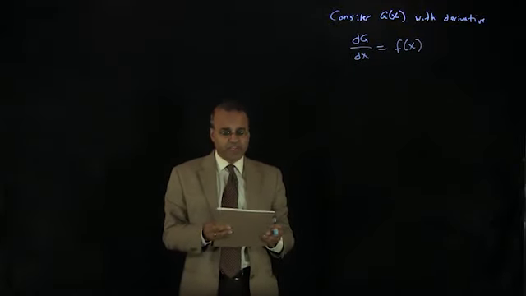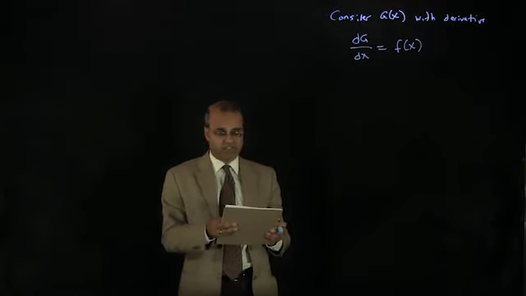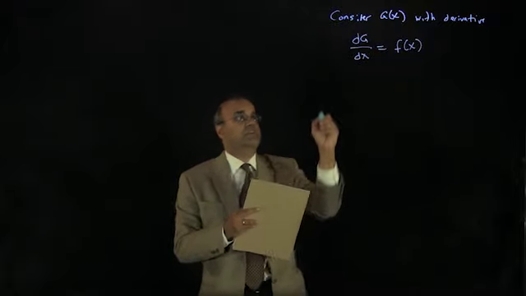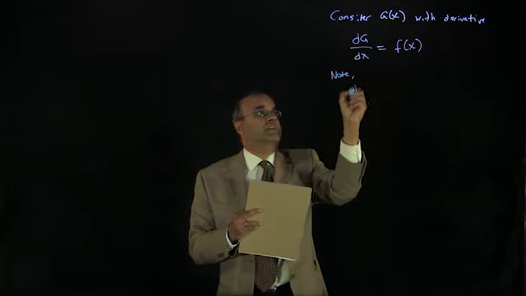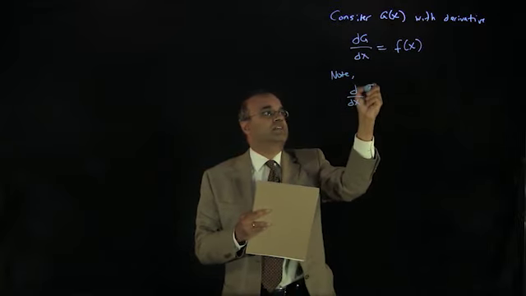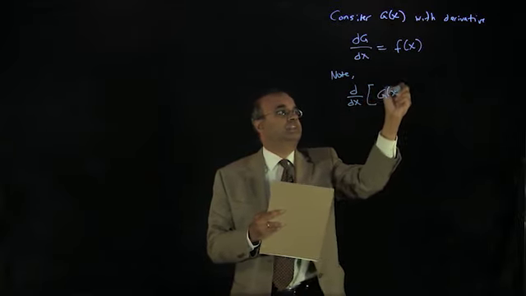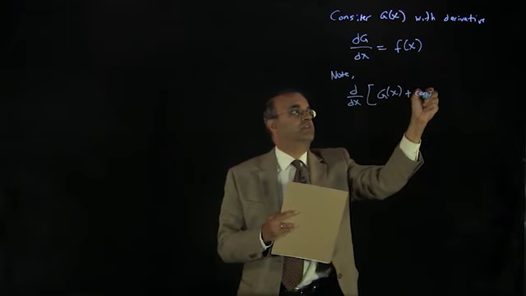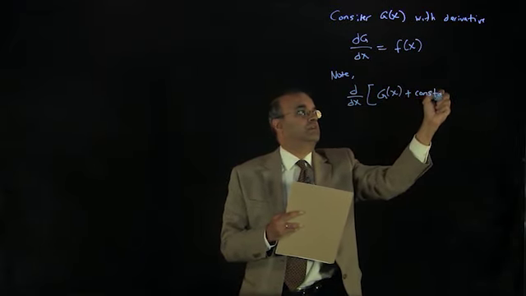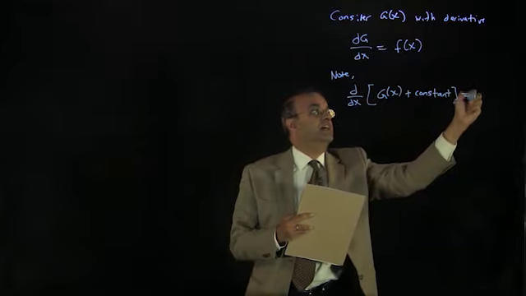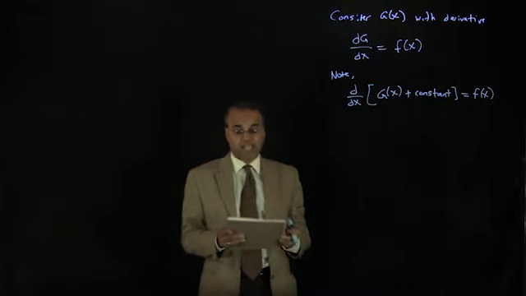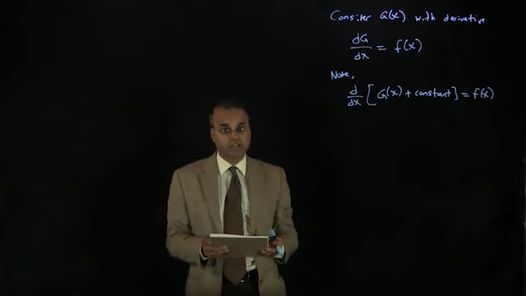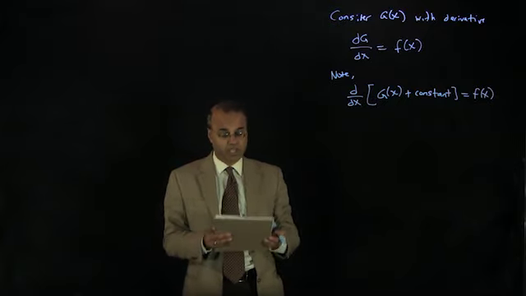Now, note that if I add a constant to g of x, I'll still get the same derivative. So note that the derivative with respect to x of g of x plus a constant is still equal to the same function f of x. And this is because the derivative of a constant is equal to 0.